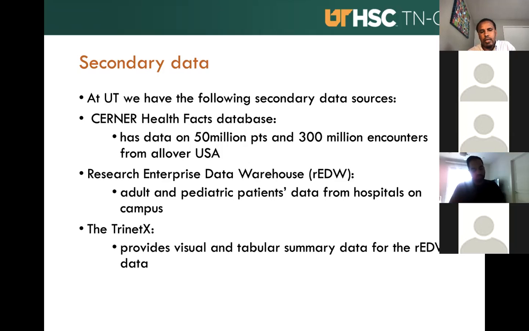And TriNetX is the other one. This one provides visual and tabular summary data for the enterprise data warehouse. So you can search for patient populations, and the treatment that you want to investigate.